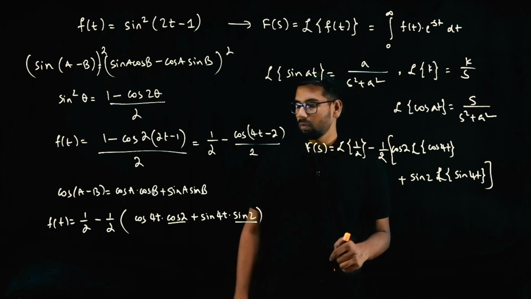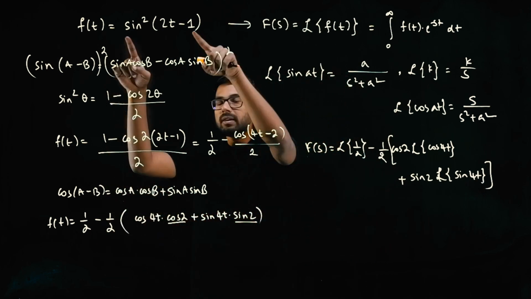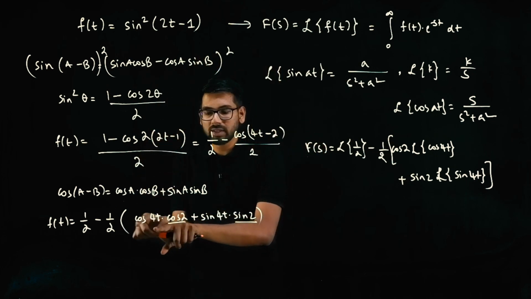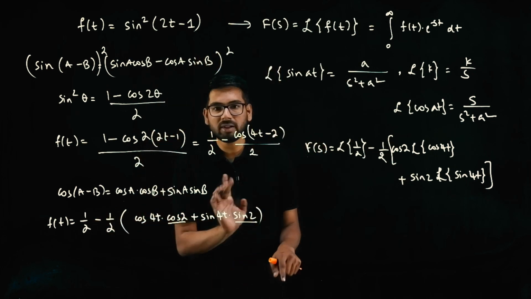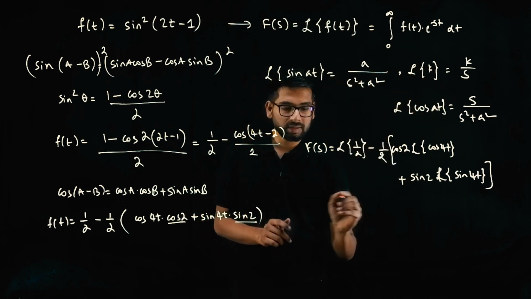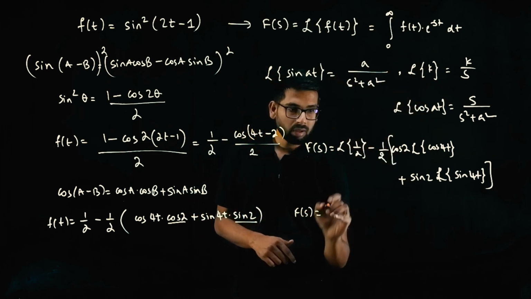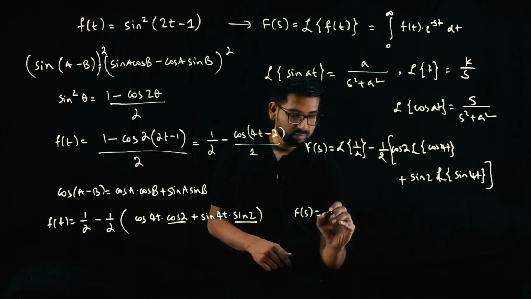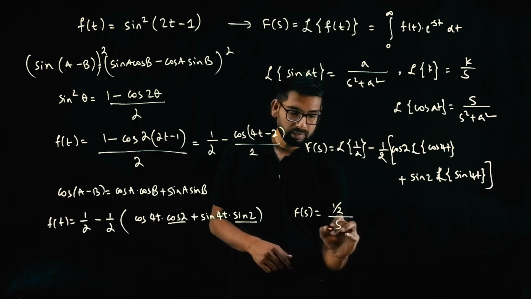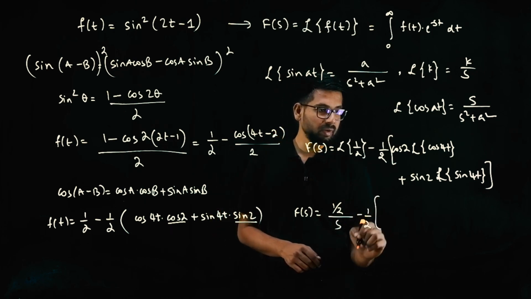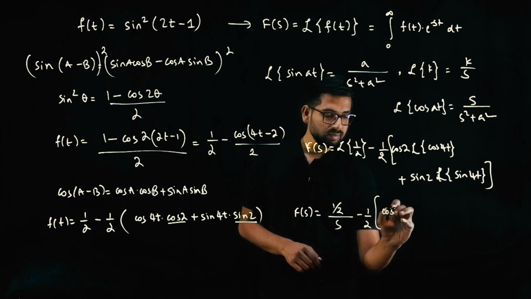At this point, we have simplified the given function, the square and a plus b, in terms of just a constant term, a cos term and a sine term. And we know the Laplace transform of each of them. Using that, we'll get f of s as: for a constant k, k over s, so 1 over 2s, minus 1 over 2, big bracket, cos 2 as it is.